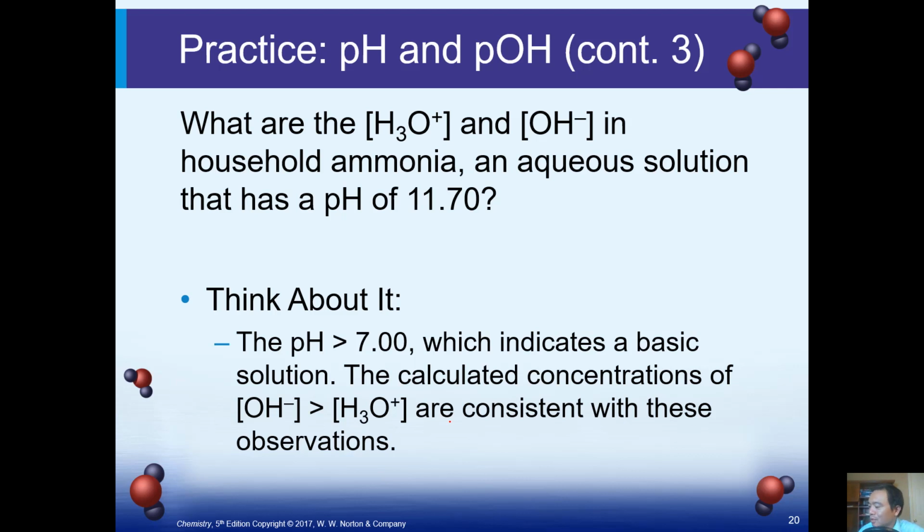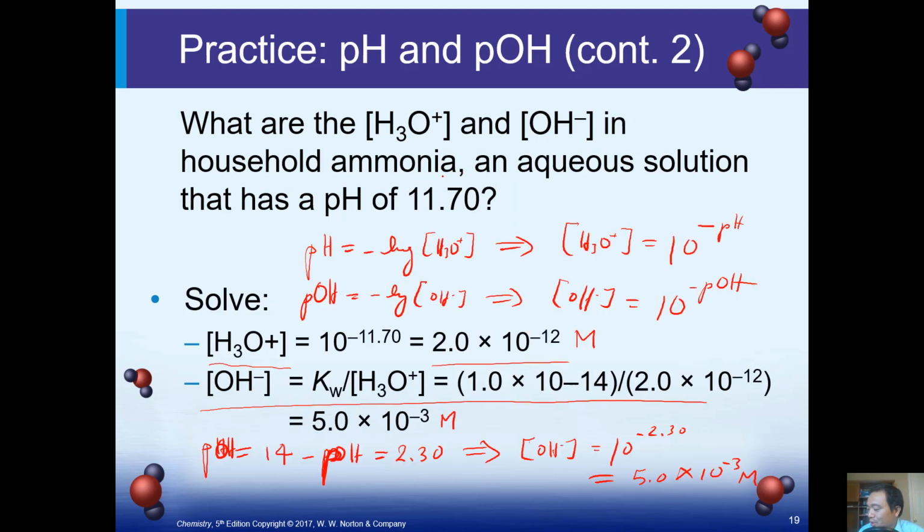So for this question, you notice the pH is greater than 11, greater than 7, so that means it's basic. Basic means the hydroxide concentration is greater than that of the hydronium concentration, as you can see from this calculation, and this is consistent with our calculation.